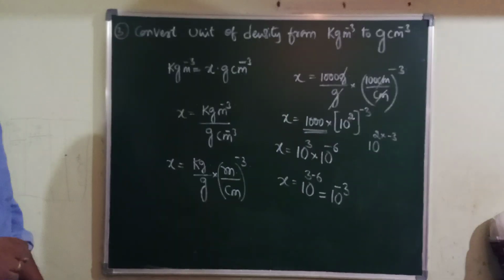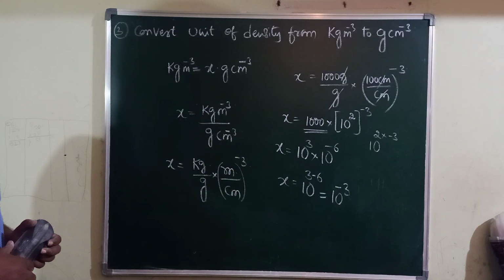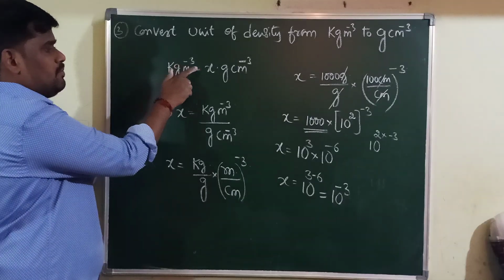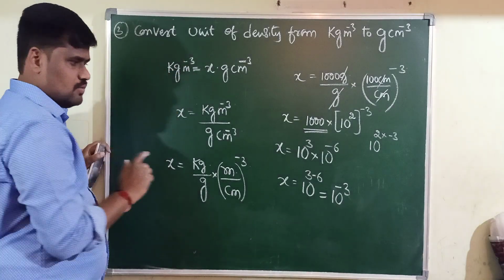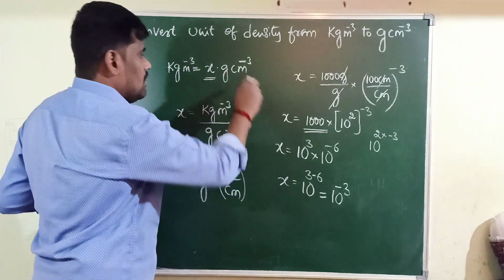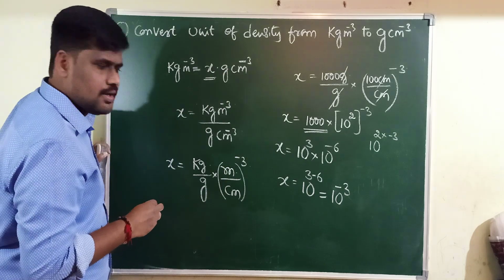What is the value of x here? x value is equal to 10 power minus 3. Then 1 kg per meter cube is equal to 10 power minus 3 gram per centimeter cube.